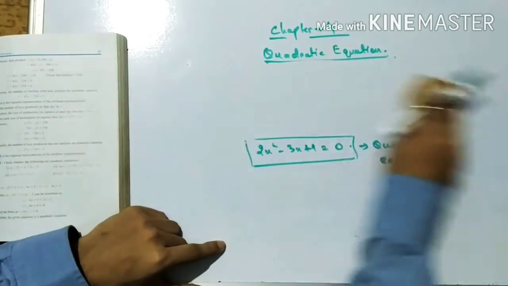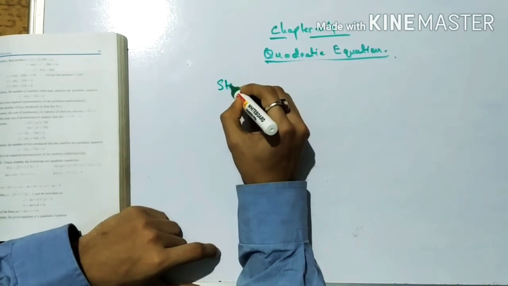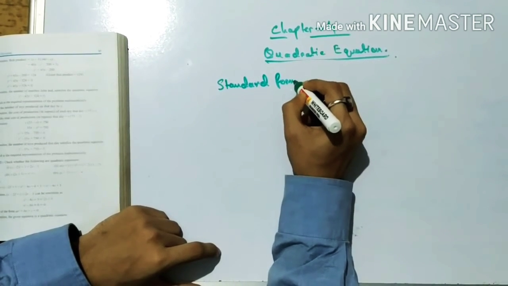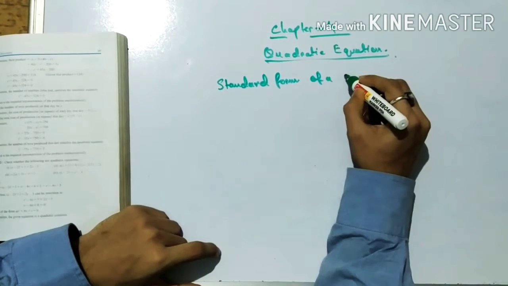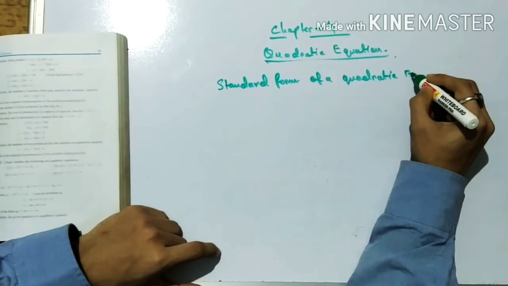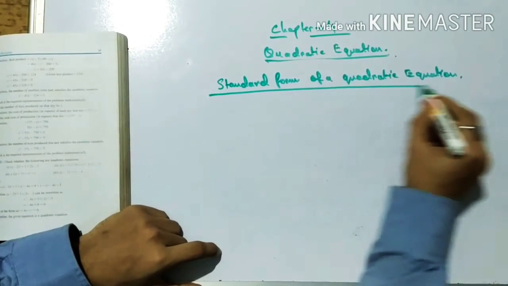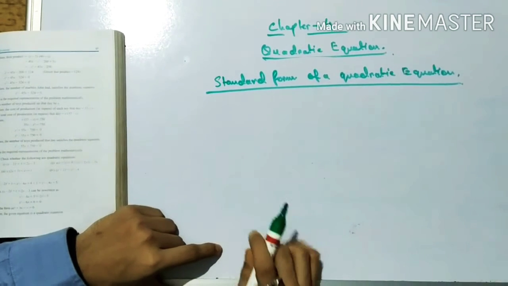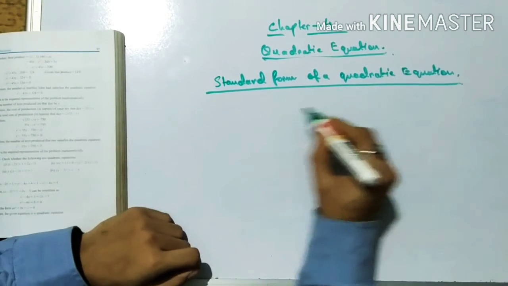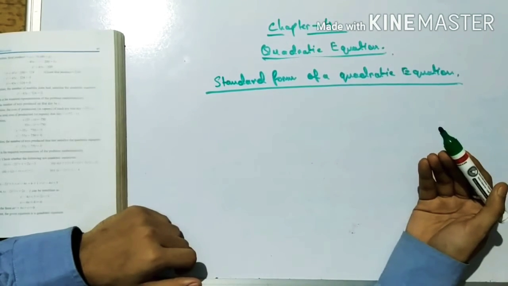And next is our standard form of a quadratic equation. Yes, standard form of a quadratic equation. We have already learned what a quadratic equation is.